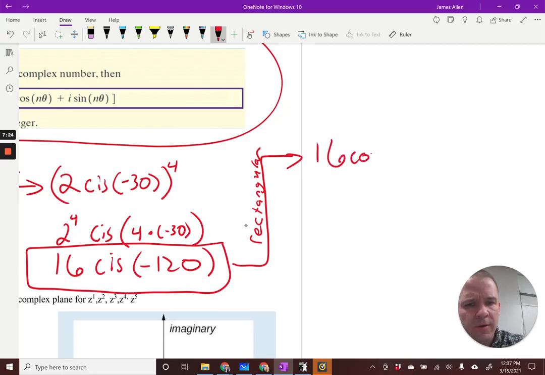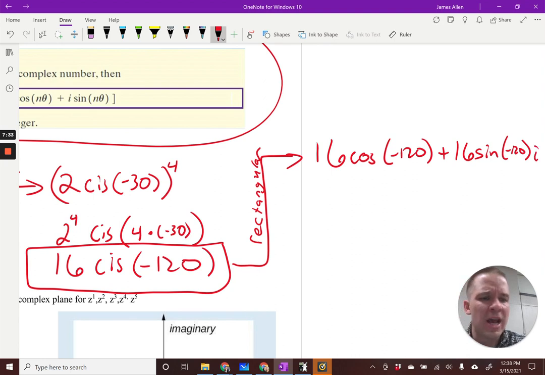We could do 16 cosine of negative 120 plus 16 sine of negative 120 i. And I could draw this picture, or cosine of negative 120. What is that? So this is going to be 16, and then that'll be what, negative 1/2, right? That's in the third quadrant. That's a reference of 60.